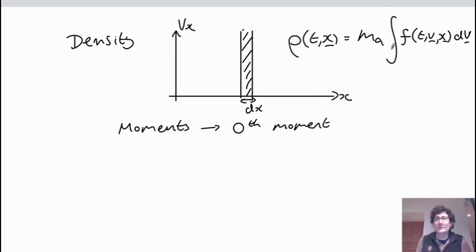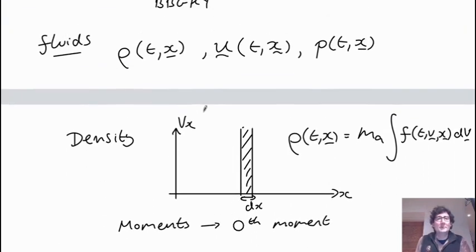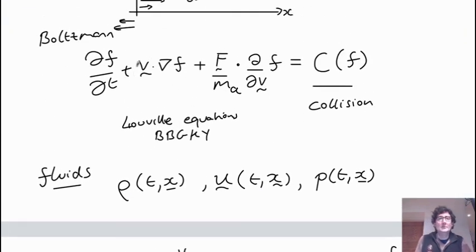Now, having defined this, we want to know how this quantity changes in time. To do that, we want to know how the integral of f dv changes, and so we can just integrate the Boltzmann equation. All I do is say, I'm going to have mass, I'm going to integrate, and I'm going to take the Boltzmann equation. So this is just integrating that first term. Go back here and show you. Then we want to integrate this term, and for now we're going to assume that this term is 0.